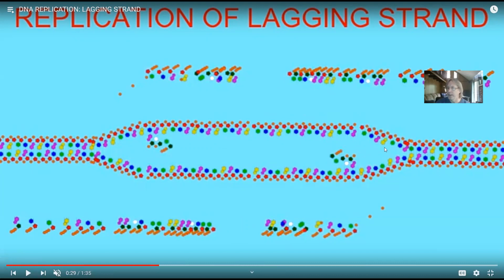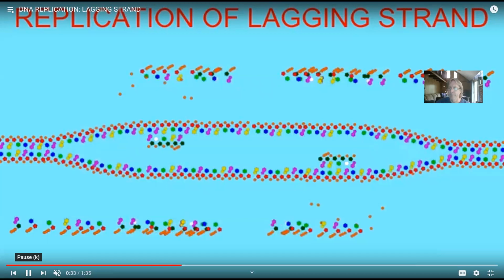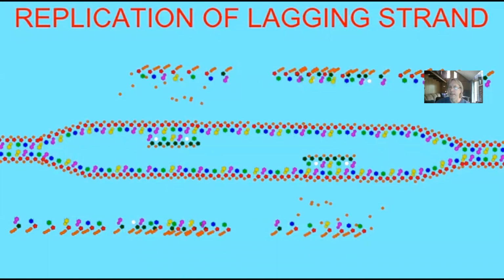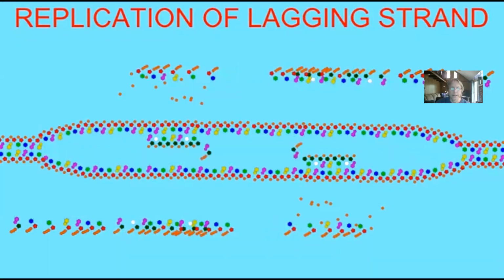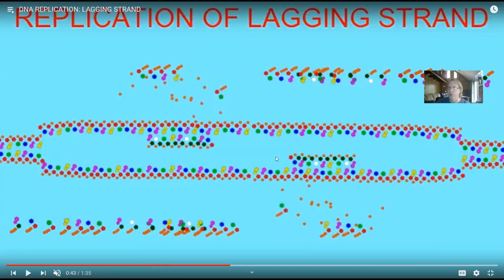If we had a new nucleotide coming in this way, it would be attaching with its 3' end. That's the wrong way. And so we make one primer here. And once we get to 8 nucleotides, now we can add a DNA nucleotide, and now we could keep on going in this direction.